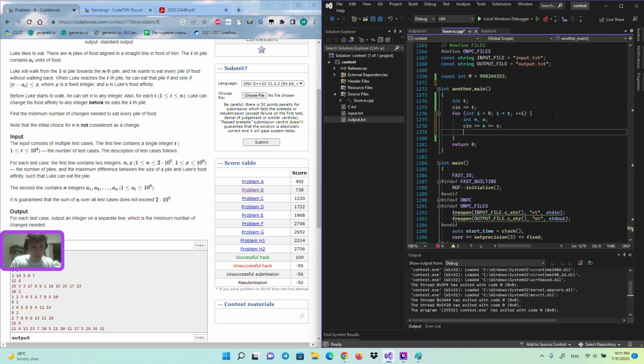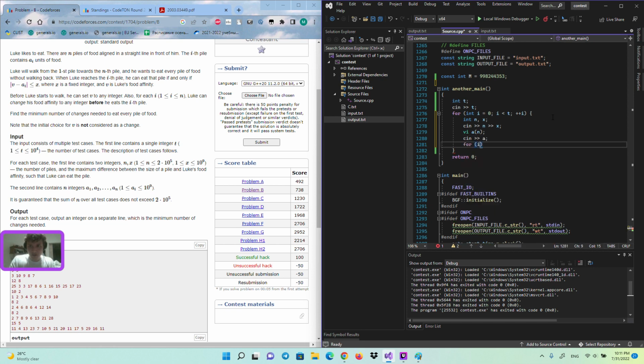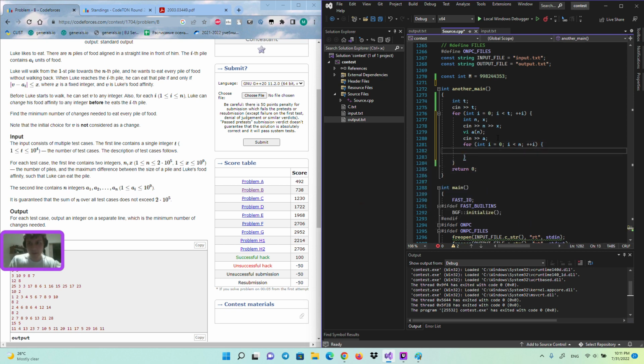Okay, and now we read A and we go through this array. What do we do? We track the minimum number and the maximum number.